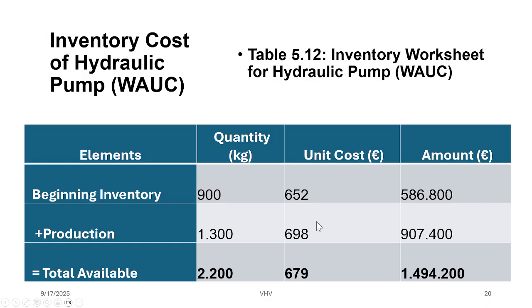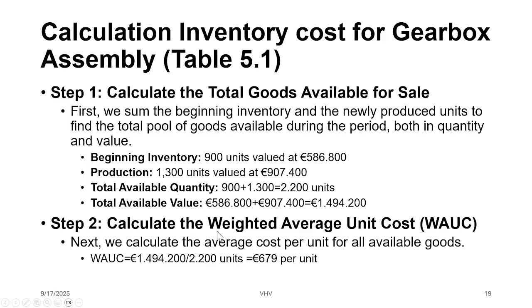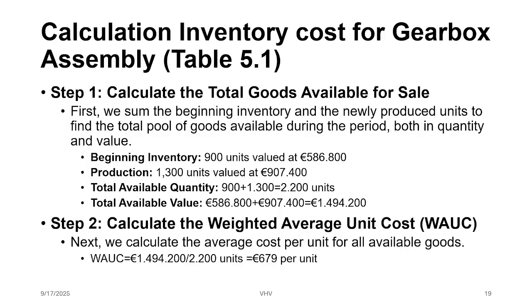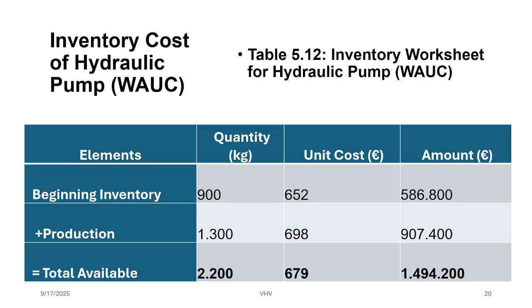As you know, in the previous step, we calculated the production cost after workshop 2 as 698 euro per unit. This is only the cost of the 1,300 units of gearbox that you have to produce, right?